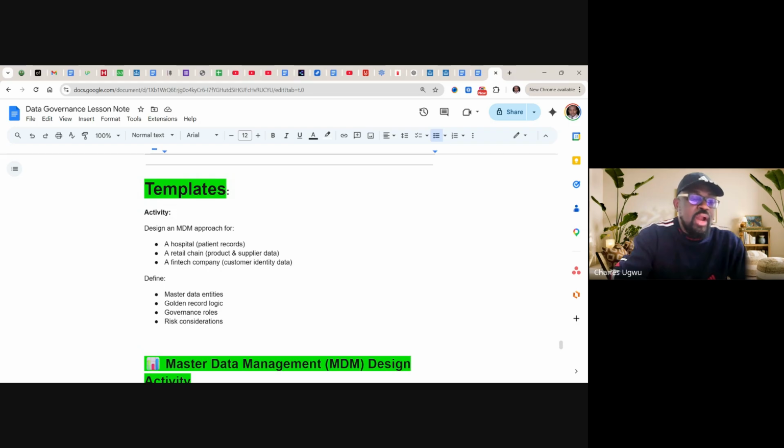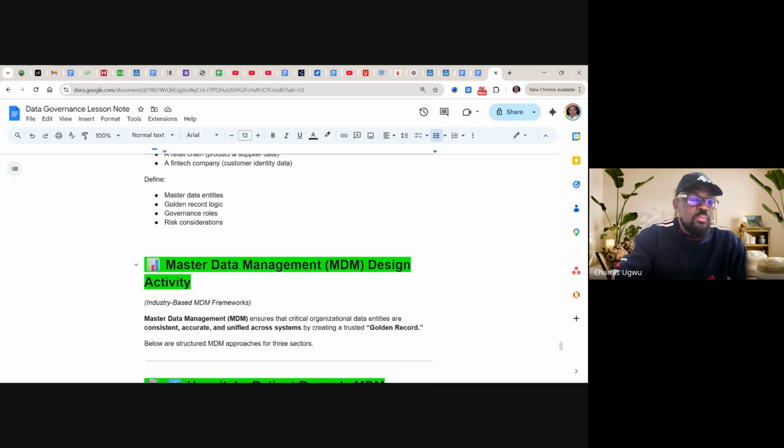And while designing, you have to define master data entity, define golden rule logic, define governance rule, and define risk consideration.